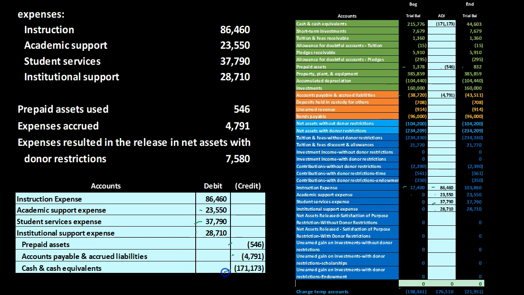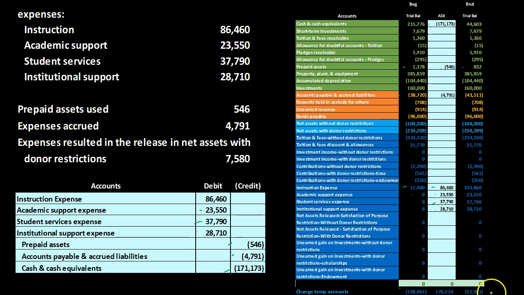Finally, cash then decreasing for the period by that 171, starting at a debit balance of the 215,775.76 minus the credit balance, bringing the balance to 44,603. We are back in balance.